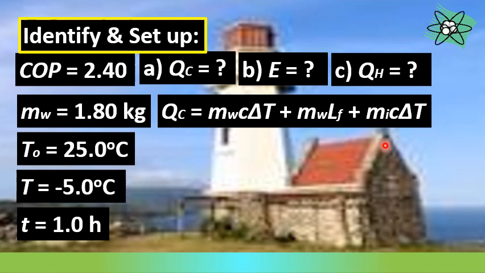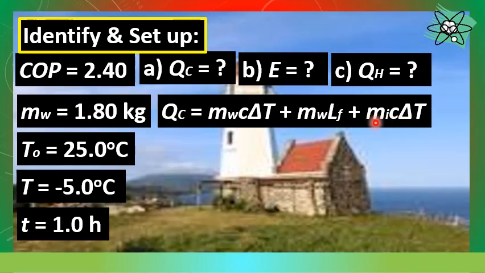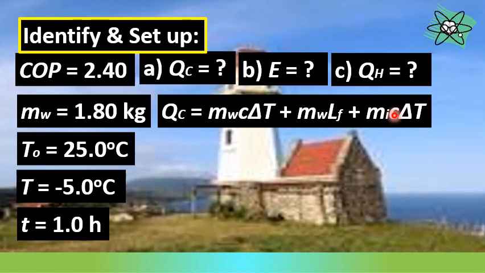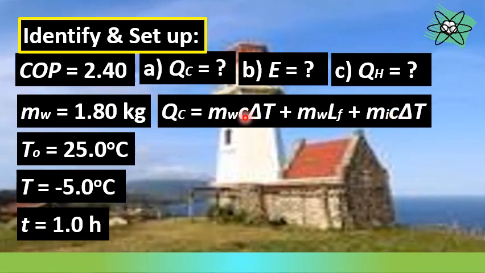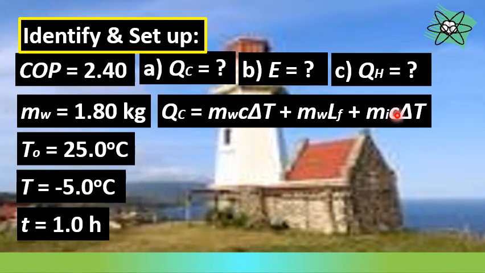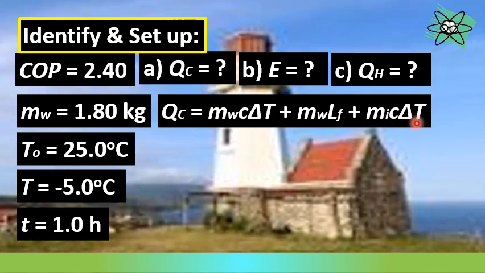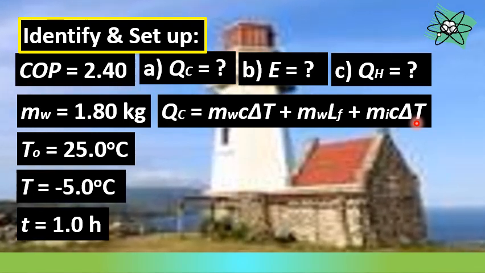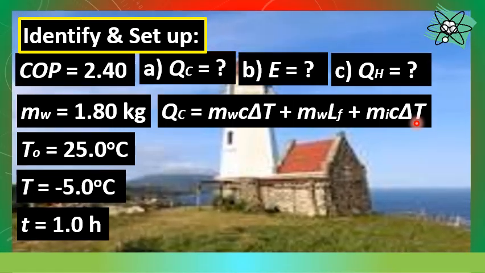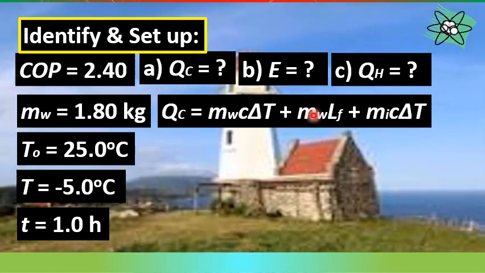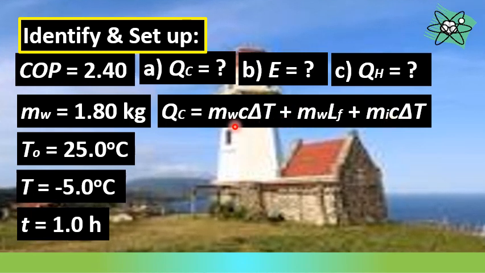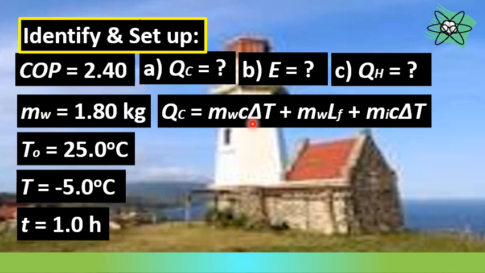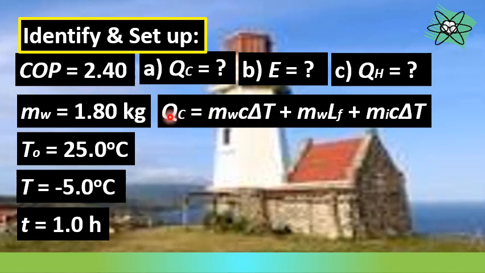So we just multiply the mass of the ice by its specific heat, which incidentally is different from that of liquid water, and multiply it by delta T, the change in temperature as it drops from 0 degrees Celsius to negative 5.0 degrees Celsius. When all of these terms are added, that is the total amount of heat taken in from the cold reservoir, denoted by capital Q sub C.